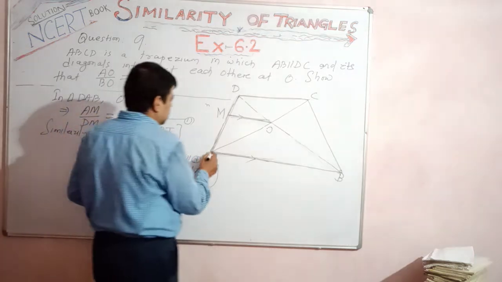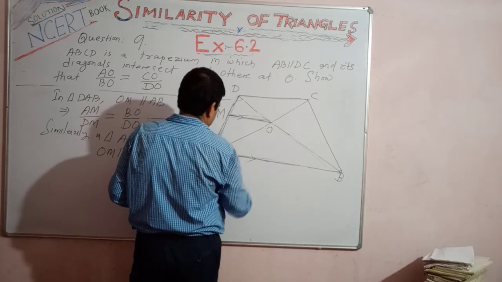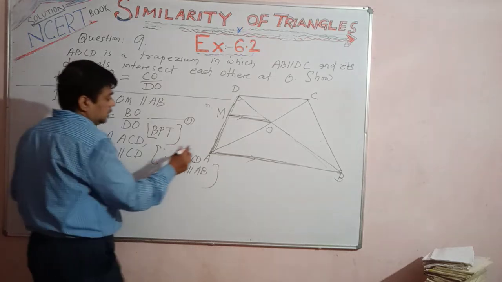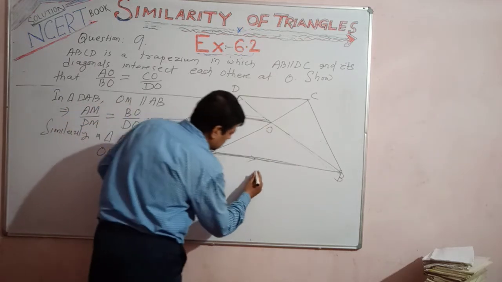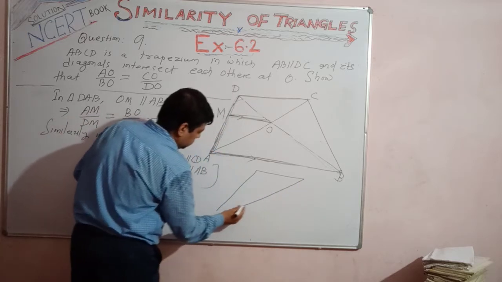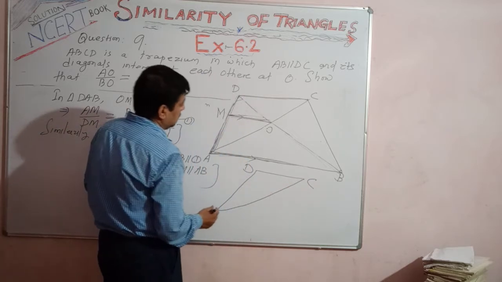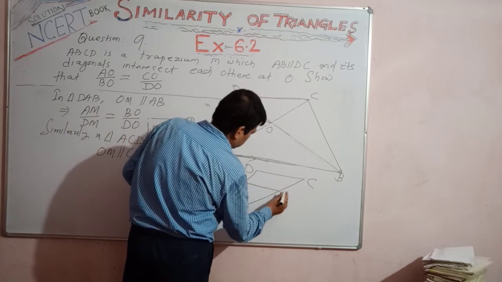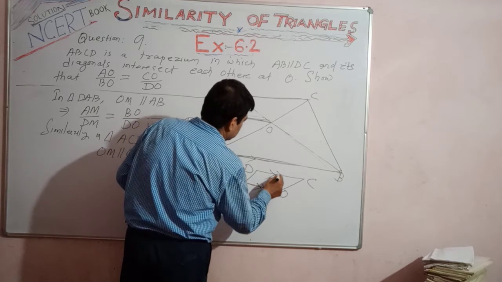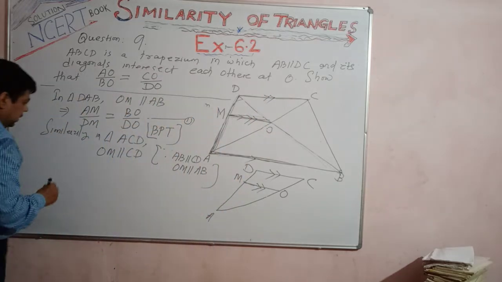So in the triangle ADC, OM is parallel to CD. Let us draw the triangle A, D and C. This is the point O and this is the point M. OM is parallel to CD.